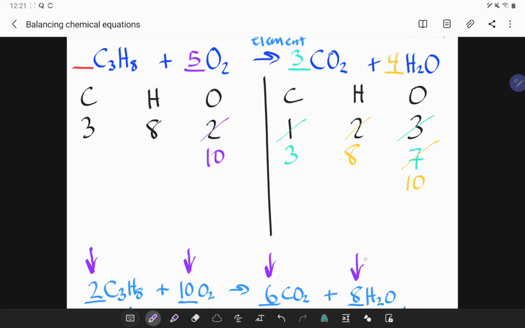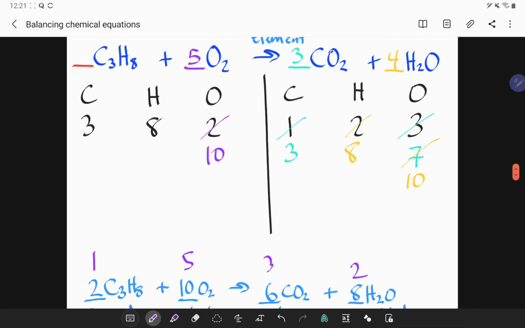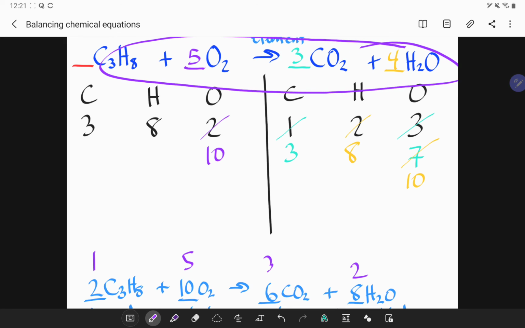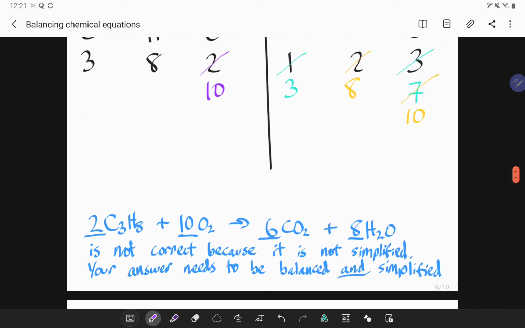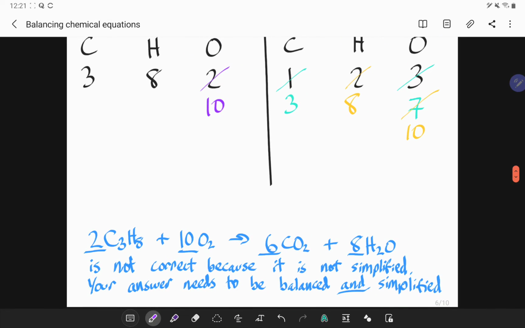So when we divide them all by 2, we're going to get 1, 5, 3, 2, which is the same answers that we got up here. So there's only one correct answer. If you have something that's not simplified, it's not going to be correct. So even though this is balanced, it is not simplified. Your answer needs to be balanced and simplified.